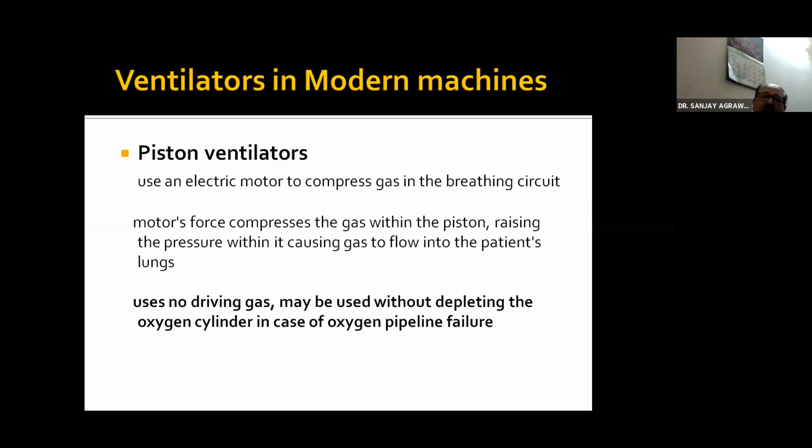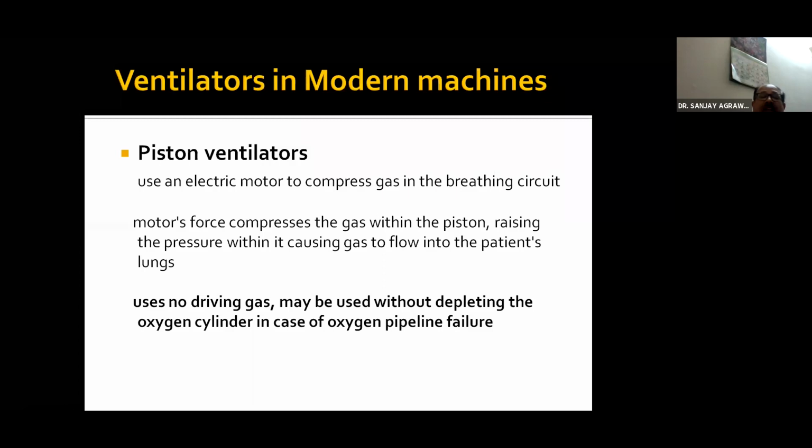Ventilators in the modern anesthesia workstations have now changed from bellows ventilators to piston ventilators. The advantage of piston ventilators is that they use an electric motor to compress the gas. The bellows ventilators used the oxygen supplied to work the bellows, and have now converted from oxygen to an electric motor to compress the gases.